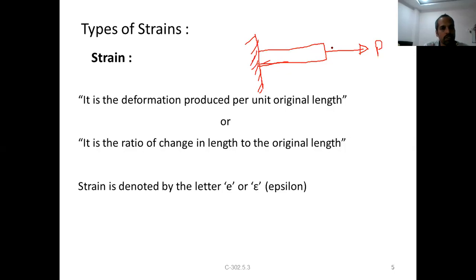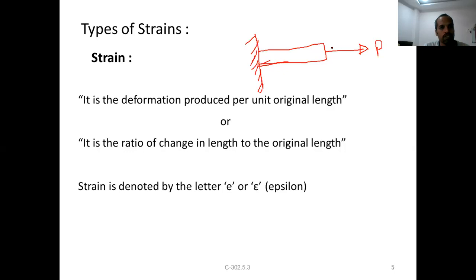So resistance induced is nothing but, what is it? Internal resistance against the applied loads per unit area, we have discussed in the last class. Yes, that is nothing but stress, right? So these are two very fundamental definitions, so be careful about them.